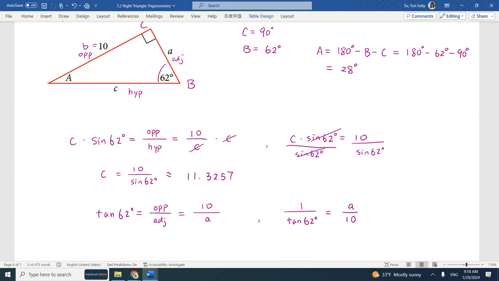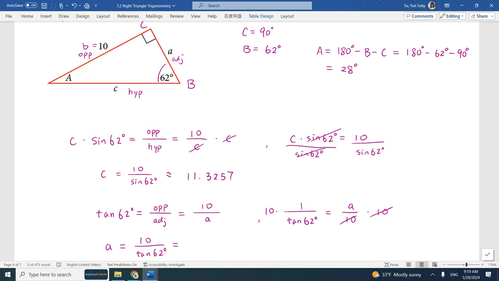Is everybody okay with the numerator and denominator on both sides? Yeah? And now, how do you find A? Yeah, multiply both sides by 10. We got A is 10 over tangent 62 degrees.